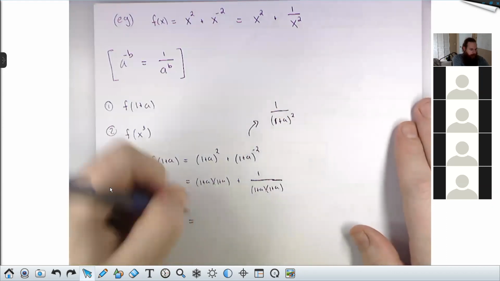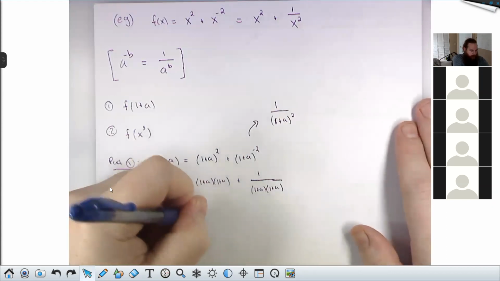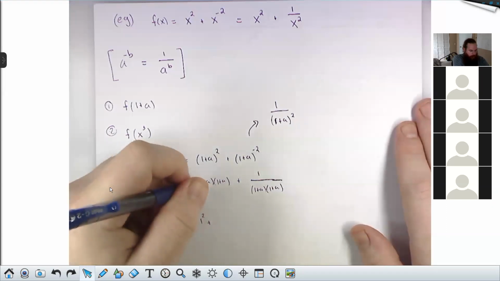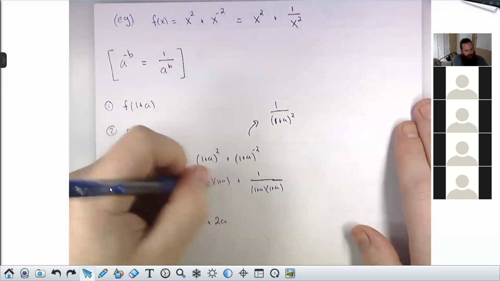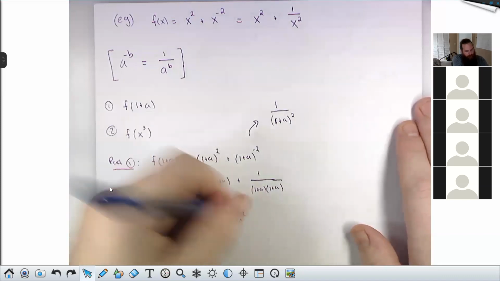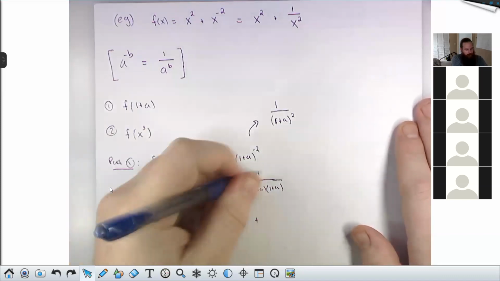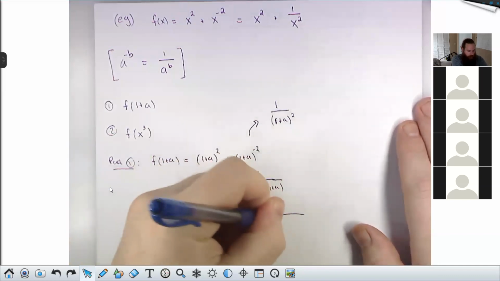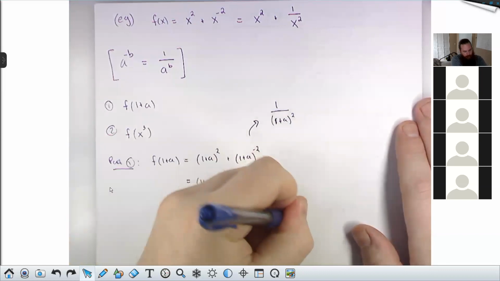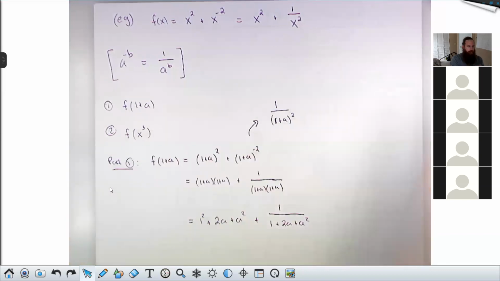So then I can do some FOILing. This will be 1 squared plus 1a plus 1a is plus 2a plus a times a is a squared. And then this piece would be the reciprocal of that. 1 times 1 is 1, 2a plus a squared, like this.